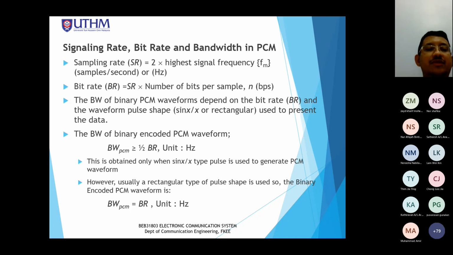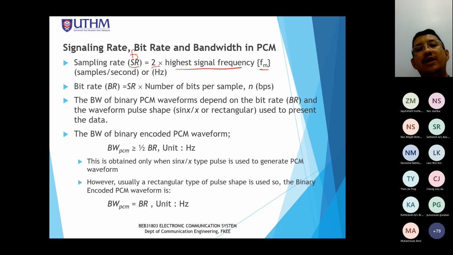The first one is the sampling rate, SR, or this is fs actually, the same as fs that we have learned. The sampling rate is 2 times the highest signal frequency, fm.